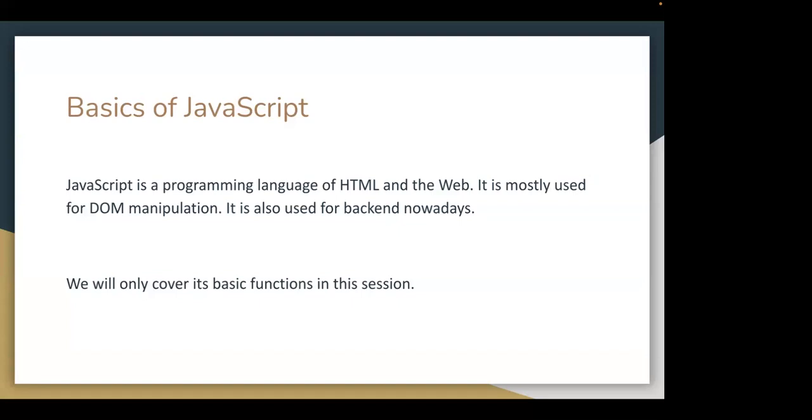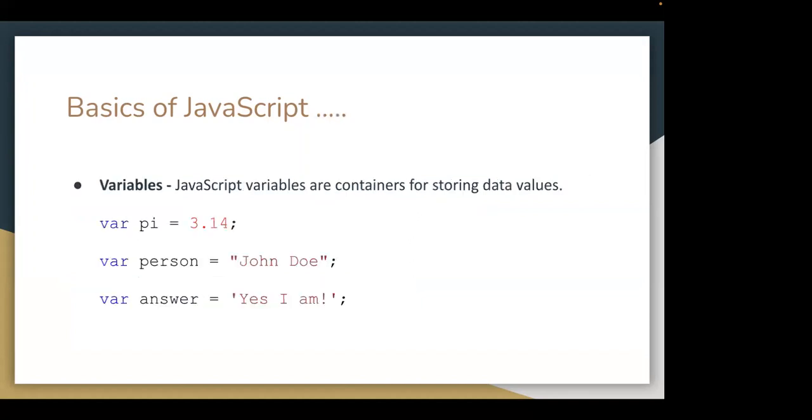In this session, we will mostly cover the basic functions of JavaScript. First of all, how we can create variables. Variables are containers for storing data values. Here you can see that for creating a variable, we have the var keyword, and then we put the name of the variable.